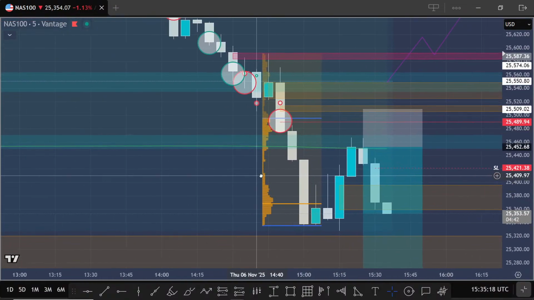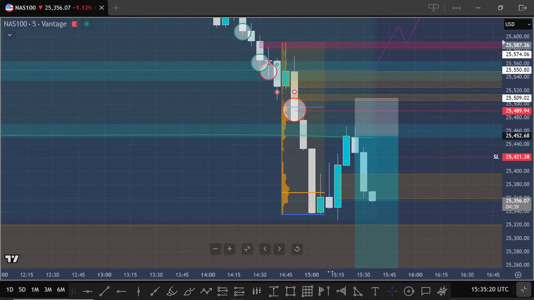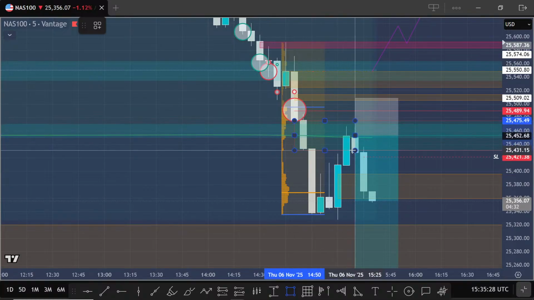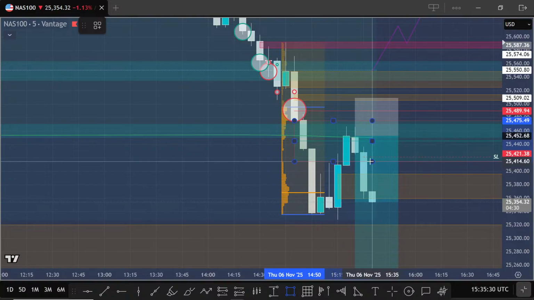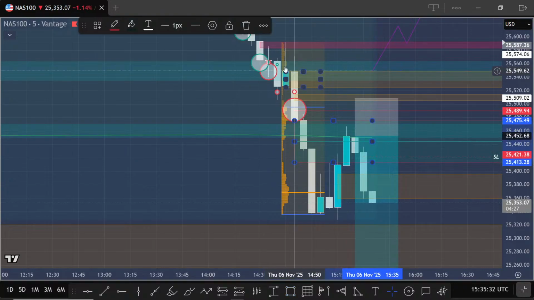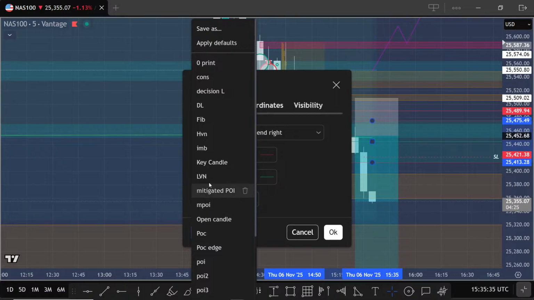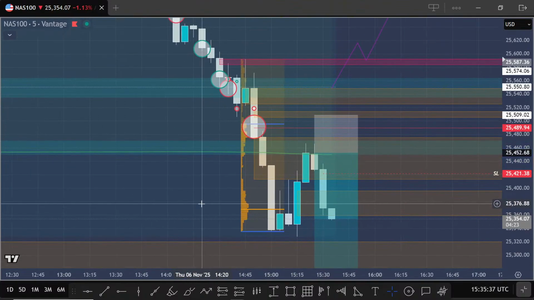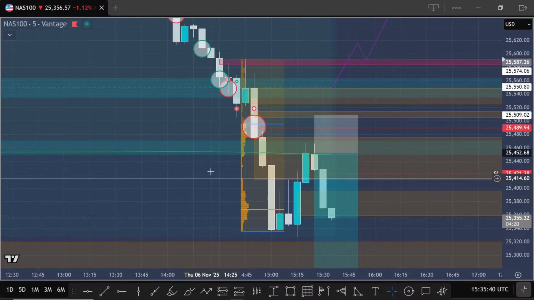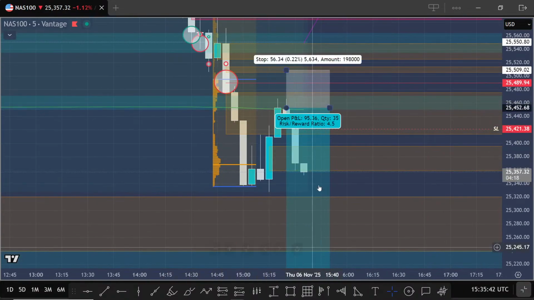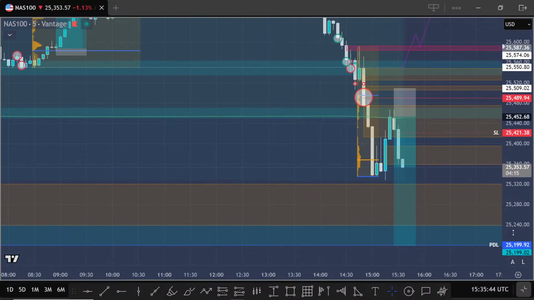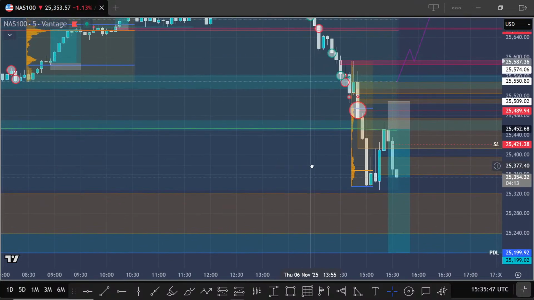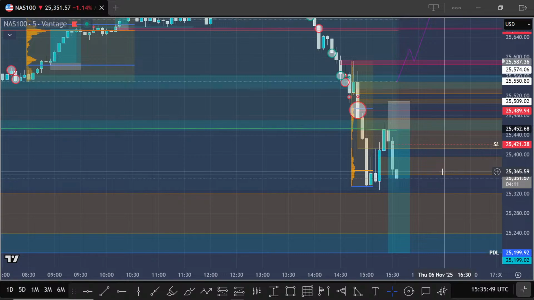So let's have a look at what it looked like on the 5 minute, because so much of the time I get this initial rush, and then there's the retest, and then there's the continuation that I like. For some reason I find it so much harder to hold that conviction for a longer period of time.